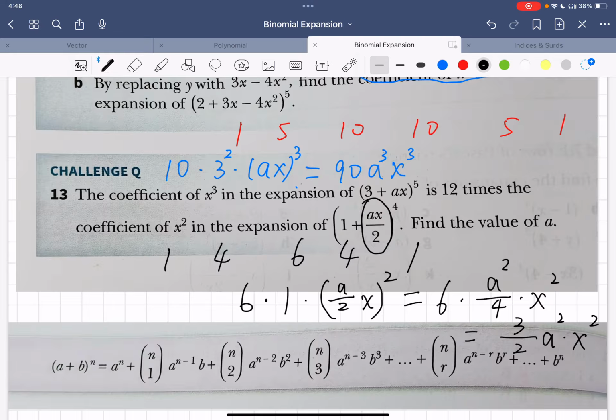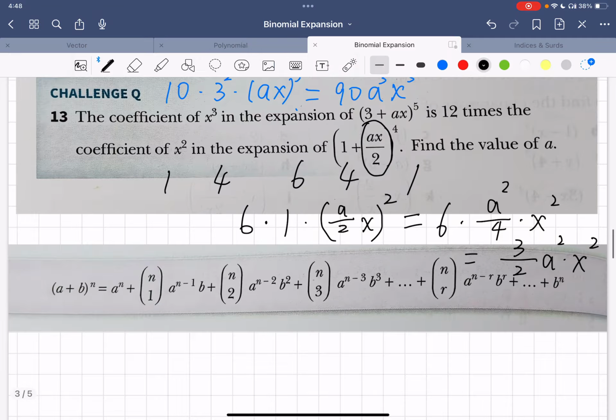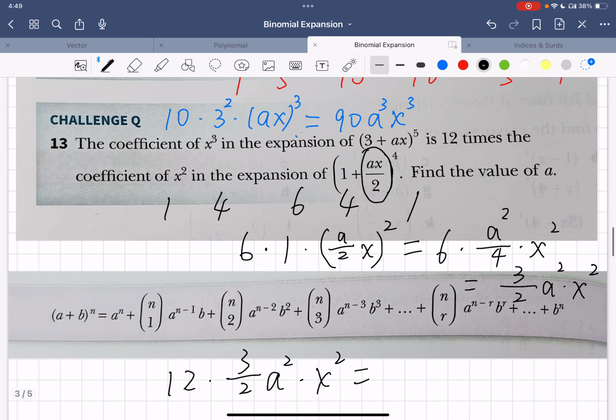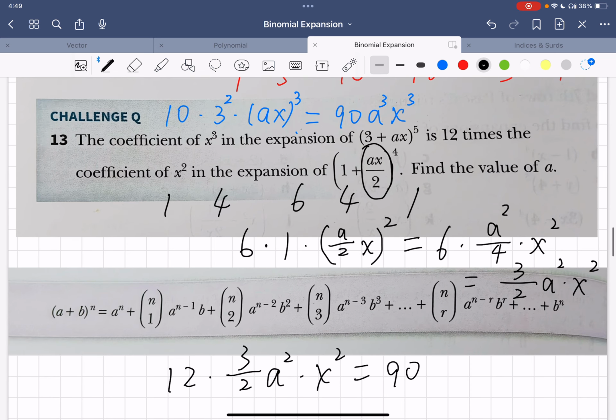All right then. Now it's 12 times the coefficient of x cubed. So 12 times 3 over 2 times a squared x squared equals 90 a cubed x cubed.